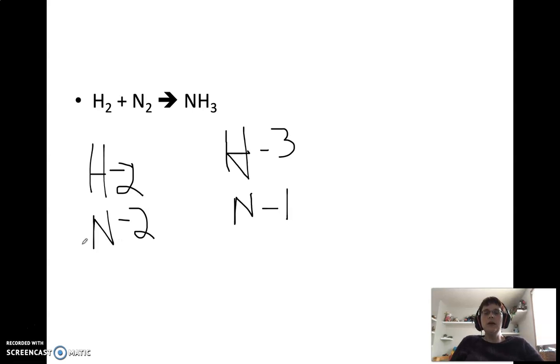So in this case, it looks like it might be easier to try and balance the nitrogen first. It's up to you, but let's try that. So if we put a 2 in front of the compound over here, that means we have 2 nitrogens on this side. We now have 2 nitrogens on this side. Cool.